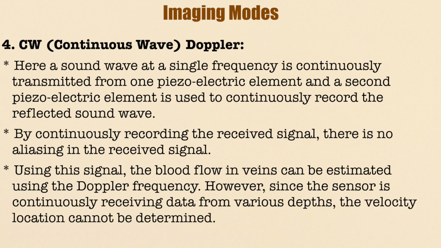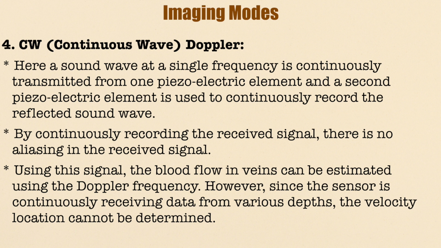Fourth, continuous wave Doppler. Here a sound wave at a single frequency is continuously transmitted from one piezoelectric element and a second piezoelectric element is used to continuously record the reflected sound wave.